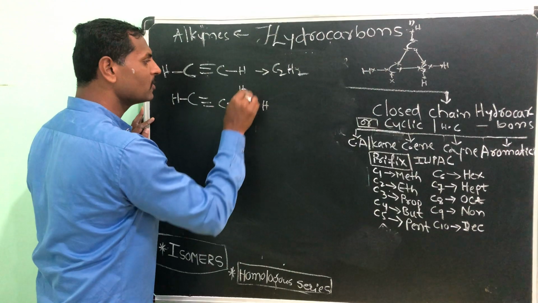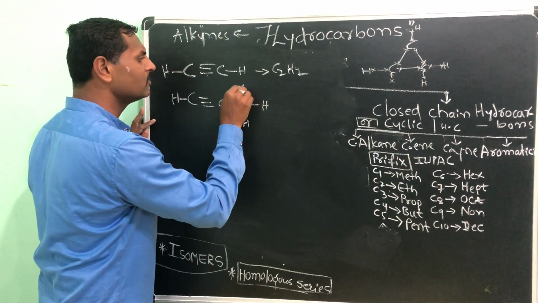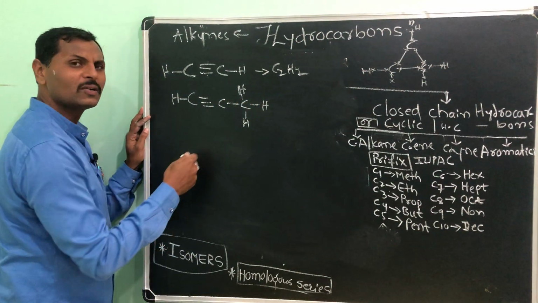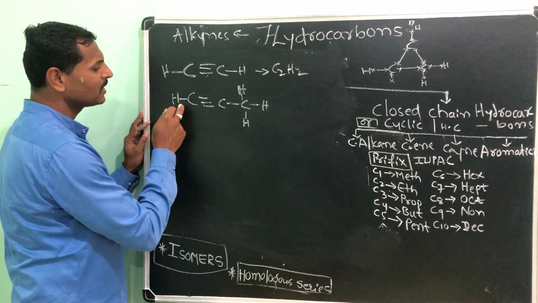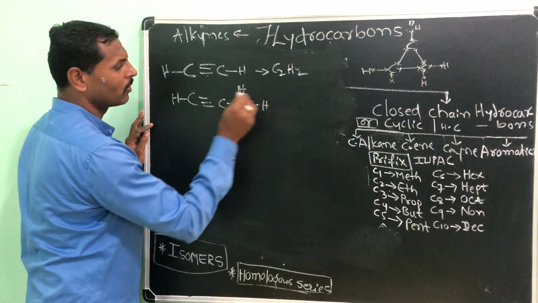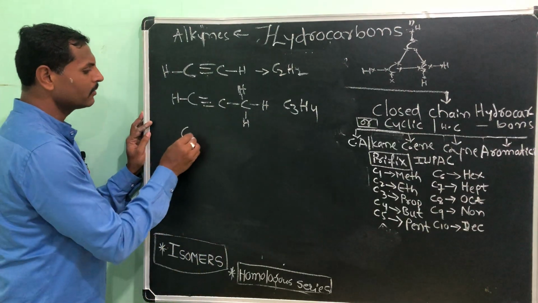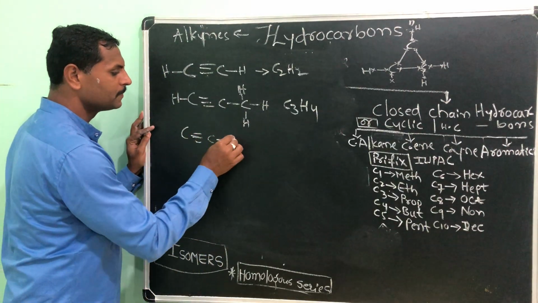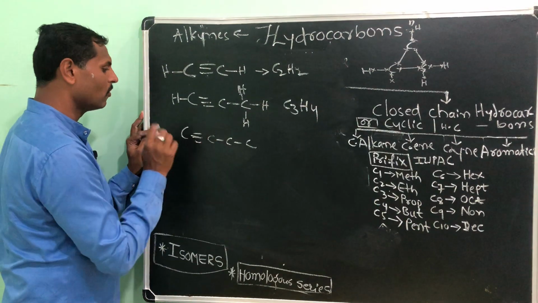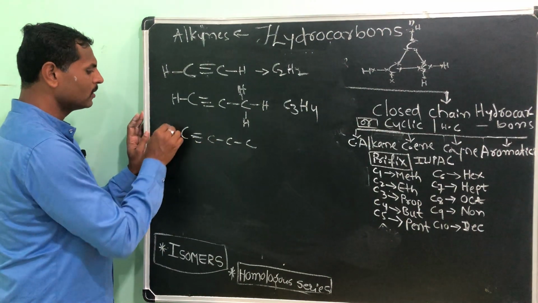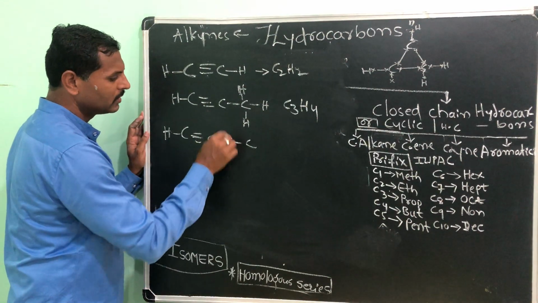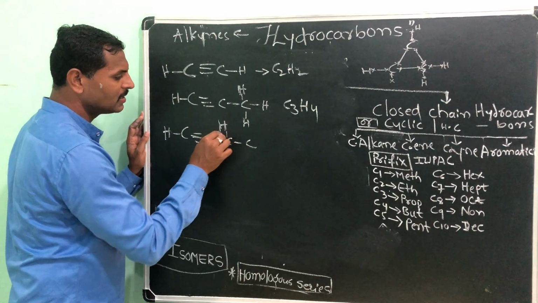I am going a little fast because you people think that it is very simple, just like a game. C3H4. Like that you can take 4 carbons. Simply you have to satisfy the valency of each carbon.